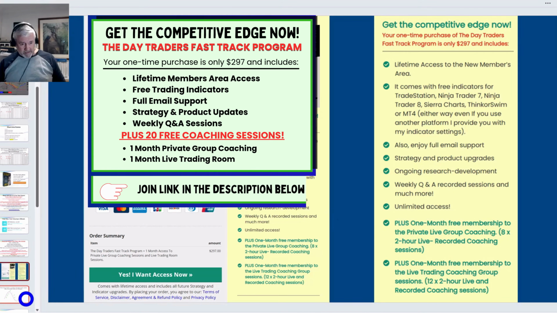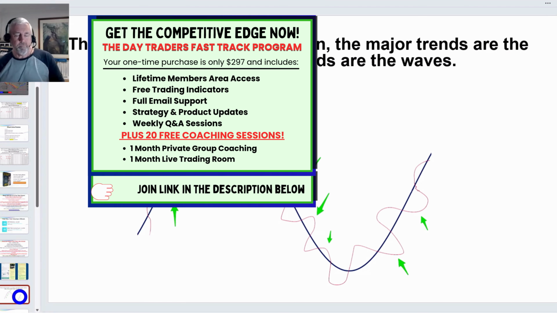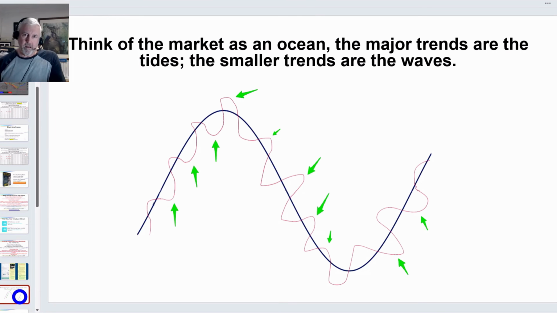Let's move on. Let's get into this. So this is a critical part of what I do and how I trade. I'm looking for retracements and then trend continuation trades back in the direction of a higher time frame. You'll see that I take a lot of counter trend trades, but I've been trading nearly 29 years, so I've got that advantage of experience.